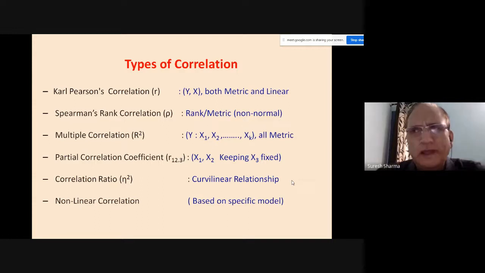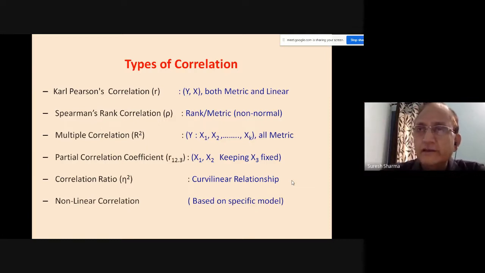Now, where to apply this type of correlation? Very important. Number one, you can note down a few points. It's not possible to write each and everything on the PPT. Number one, where to apply Karl Pearson's correlation coefficient? So first point, it's computable only for two variables. One variable is x, another one is y.